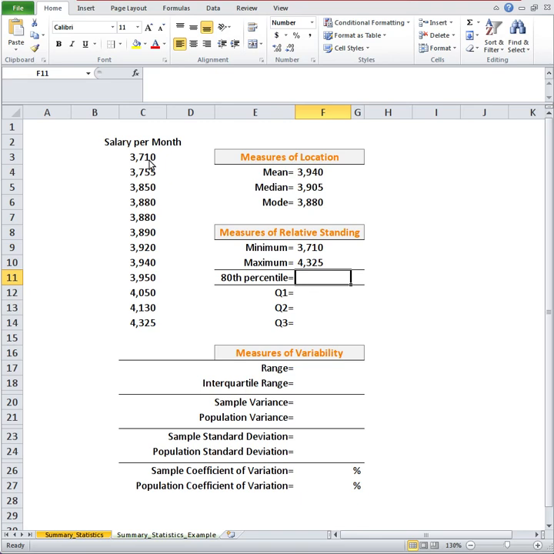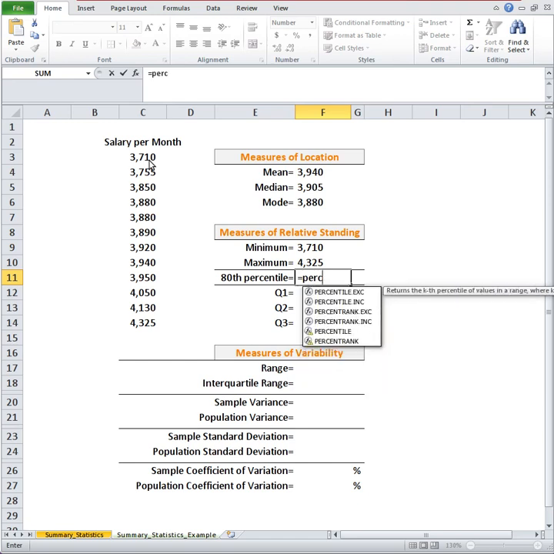Now we're going to find the 80th percentile. To do so, we're going to use the formula in Excel. So we hit equal, and then we type percentile. We see three options here. One that says dot exc, that means exclude, one that says inc, which is include, and then the one that has a warning symbol.